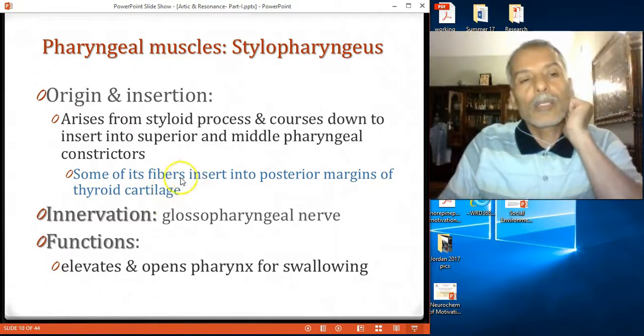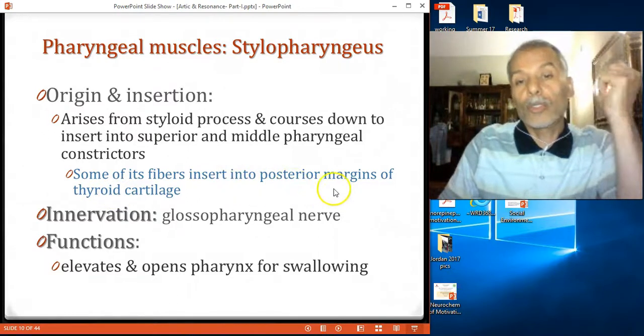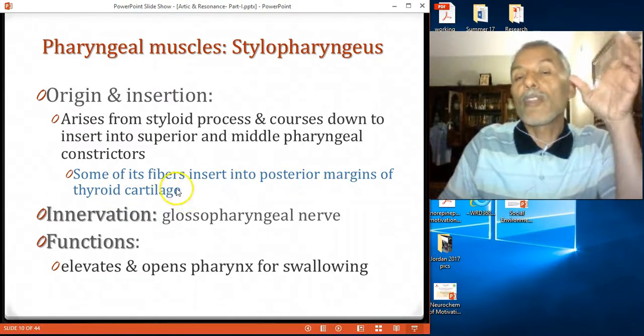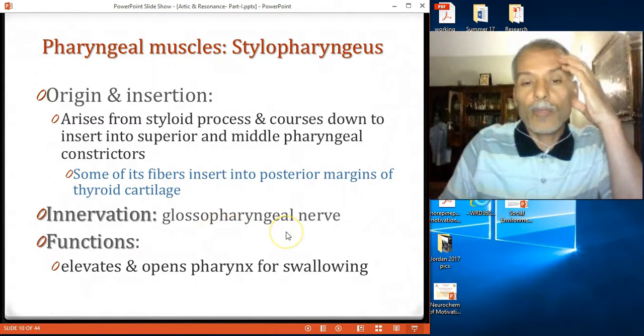So the stylopharyngeus arises from the styloid process, and it courses down to insert into the superior and middle pharyngeal constrictors, and some of the fibers insert into the posterior margins of the thyroid cartilage. The innervation is by the glossopharyngeal nerve.